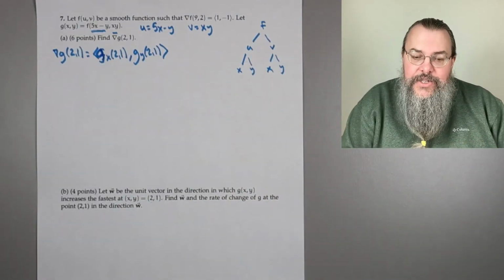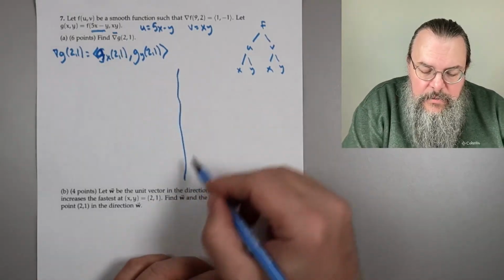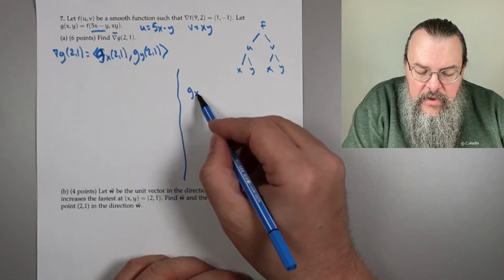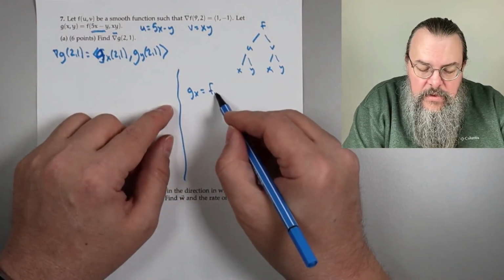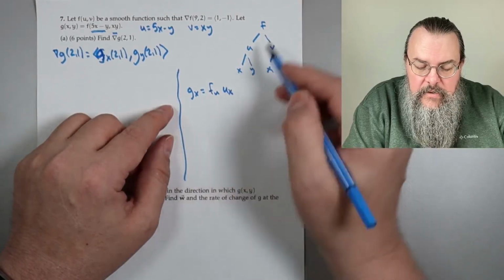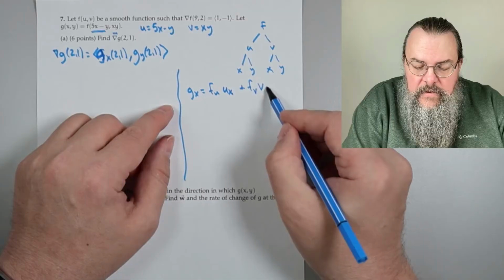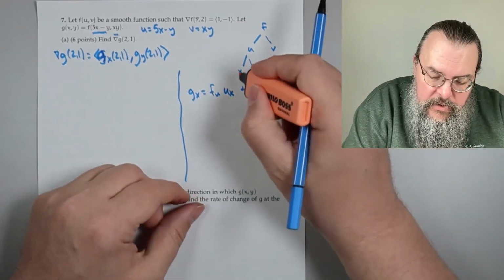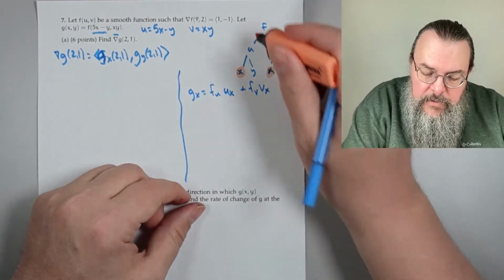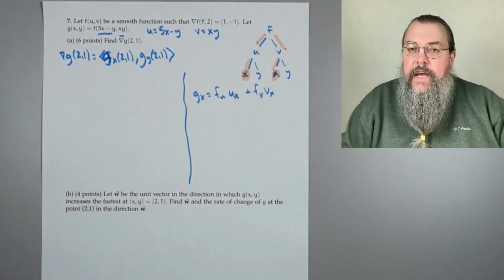So how do we take g sub x? Well, from the tree, g sub x would be f sub u, u sub x, plus f sub v, v sub x. So we see our x's here, and we go down our tree to get to those x's.